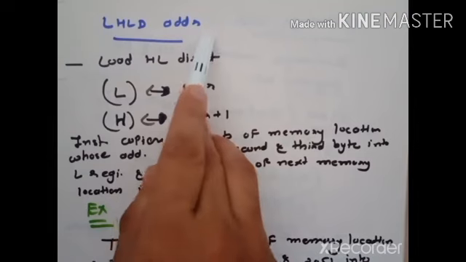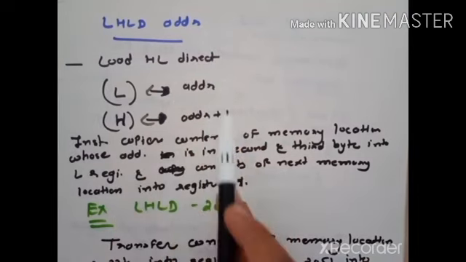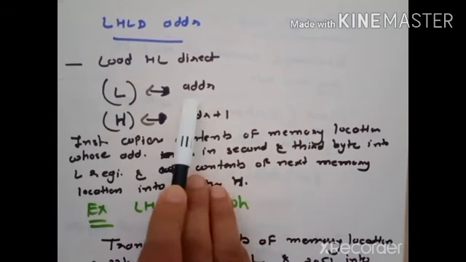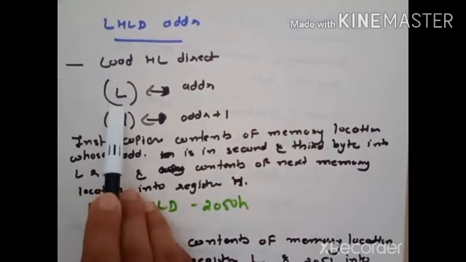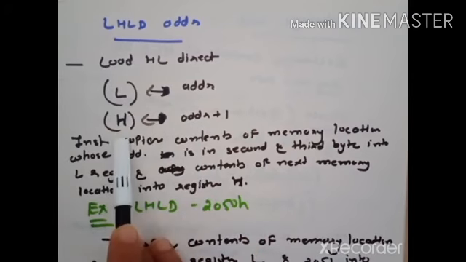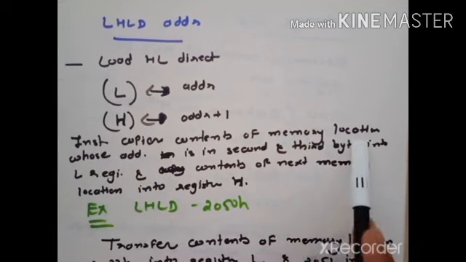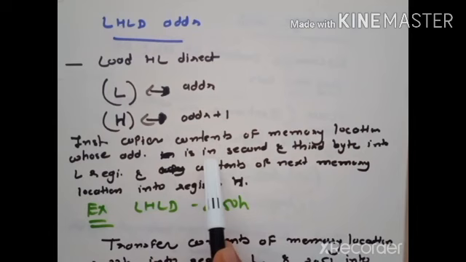Next instruction is LHLD address, that means load HL pair direct. So in this instruction, the content of the address is transferred to the L register and the content of address plus 1 is transferred to the H register. That means this instruction copies the content of the memory location whose address is in the second and third byte into the L register and the content of the next memory location into register H. Example: LHLD 2050.